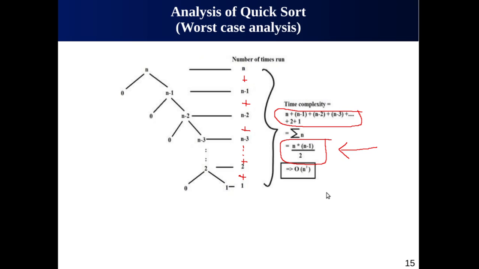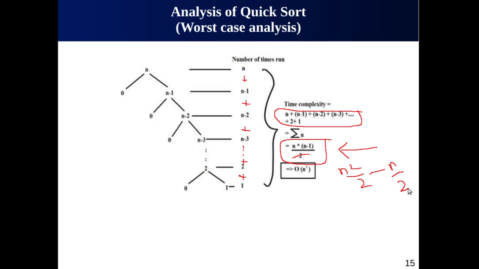Apply the rules. What are the rules? Any leading constants, for example 1 by 2, ignore them. Once you open it, it will give you n square by 2 minus n by 2.